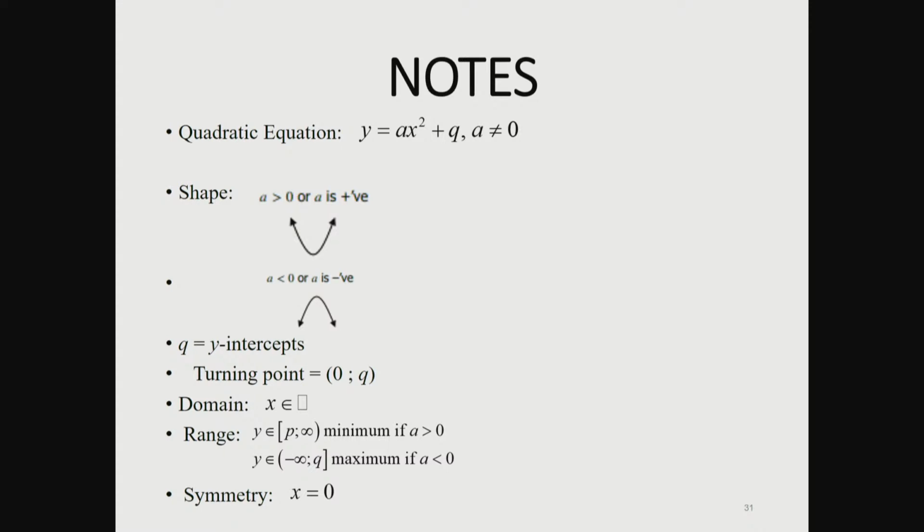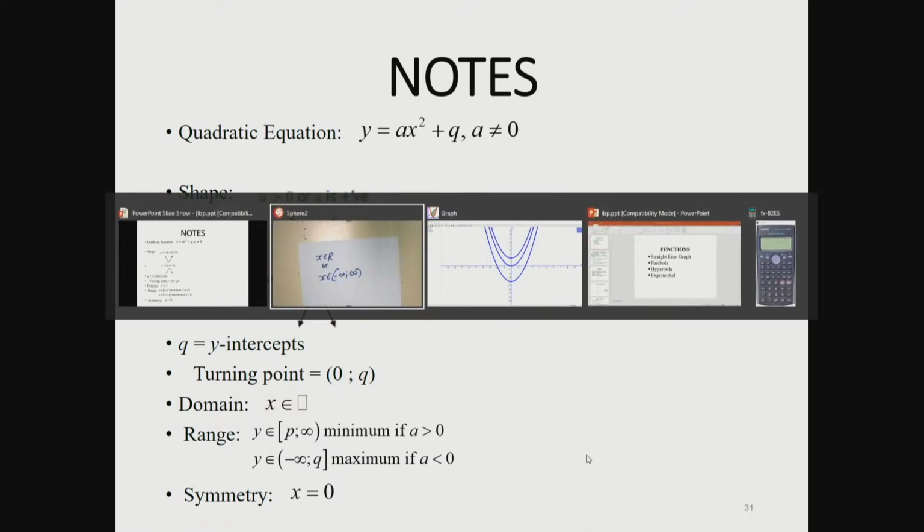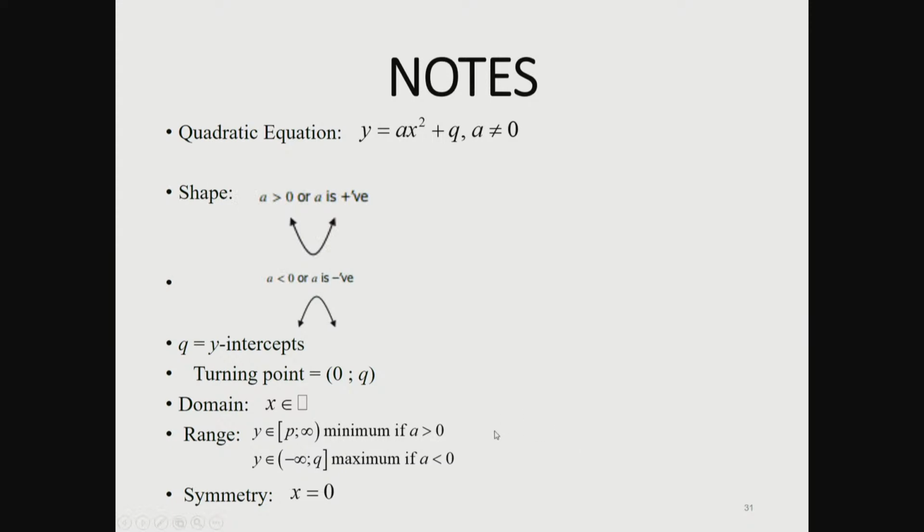Then the range. When you look at the range, we have y element of, supposed to be q, not p. Q is an element from q to positive infinity. That is a minimum if a is greater than 0. Please, that is q, not p.